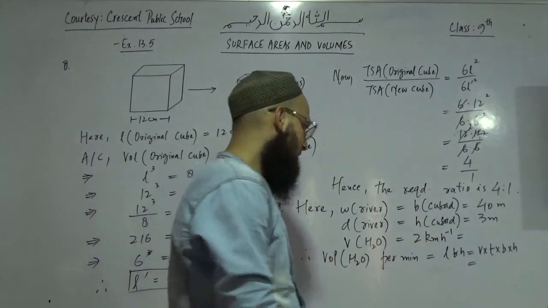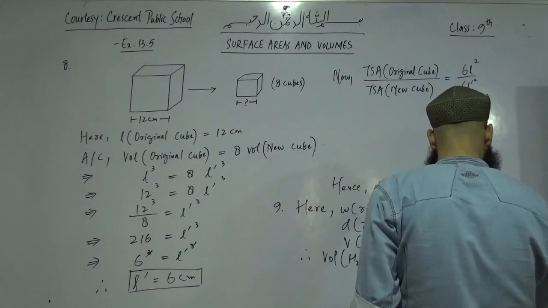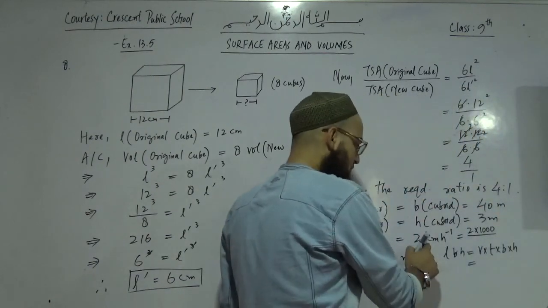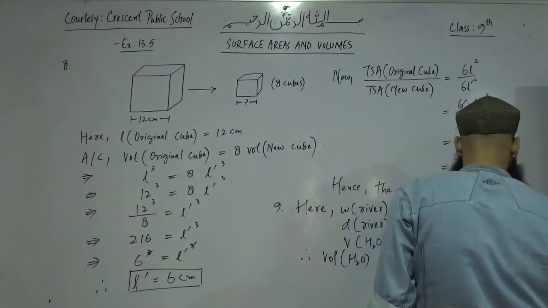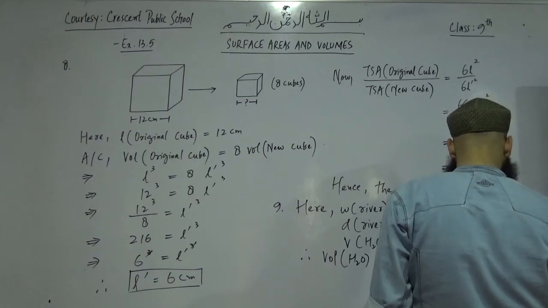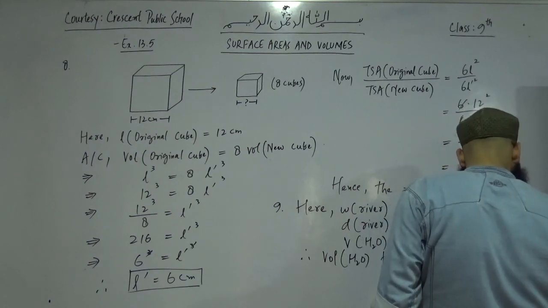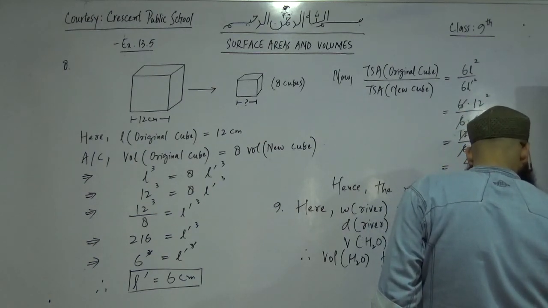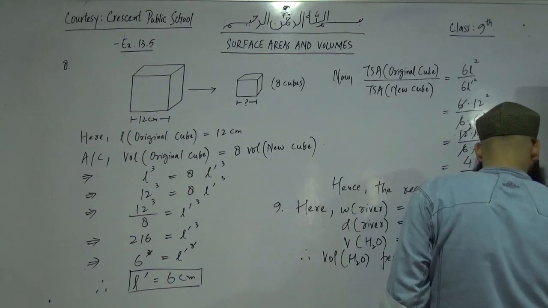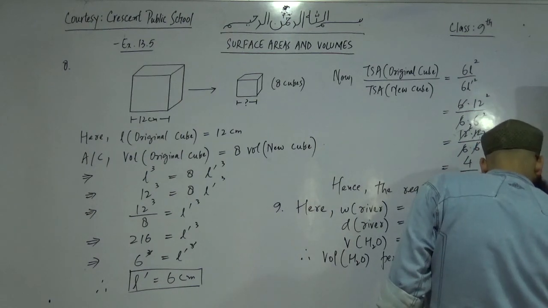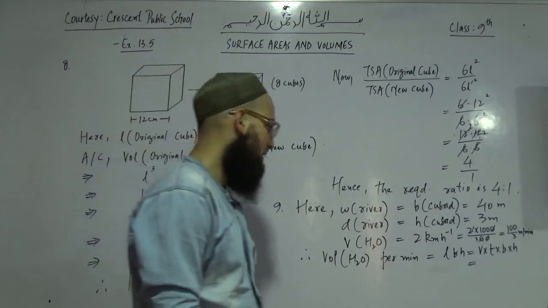So 2 km per hour is 2 times 1000 meters divided by 60 minutes. The zeros cancel, and you get 100 divided by 3 meter per minute. So this is your speed.